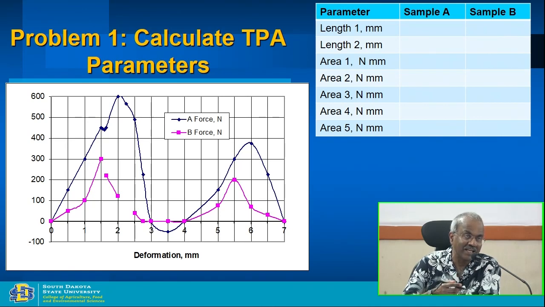That's why I said this profile analysis cannot be an objective test. It will be a subjective test. We can come back to that in the afternoon when we talk about sensory analysis.